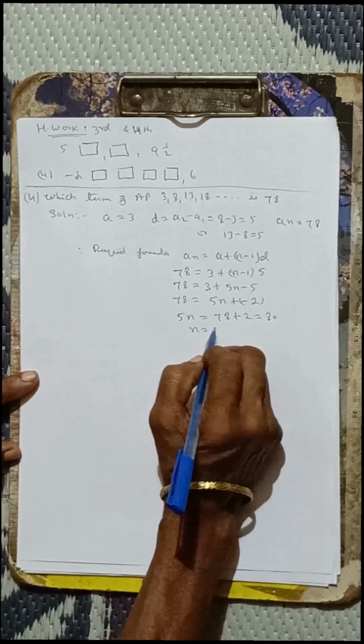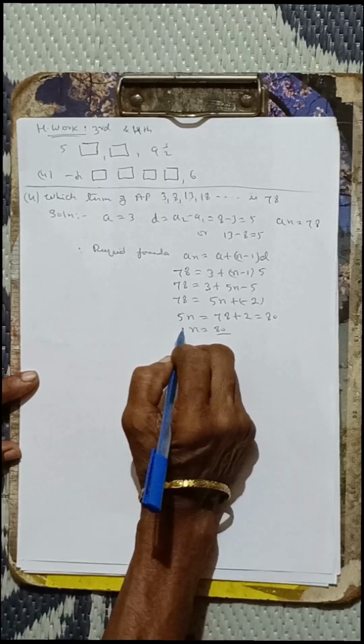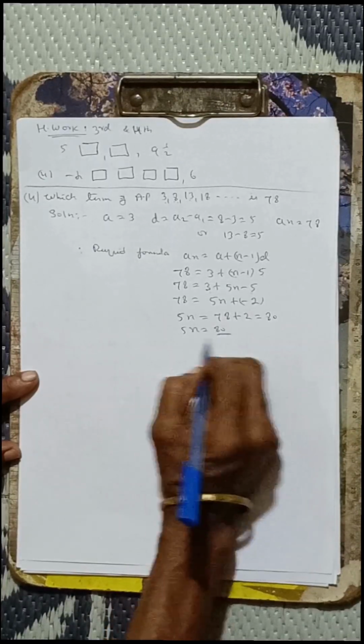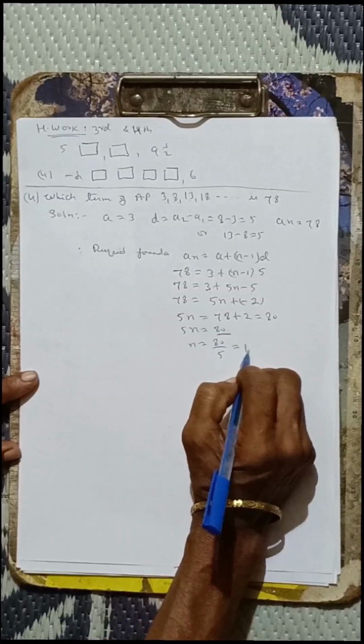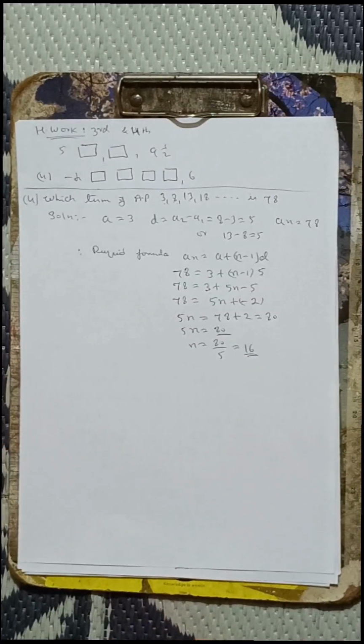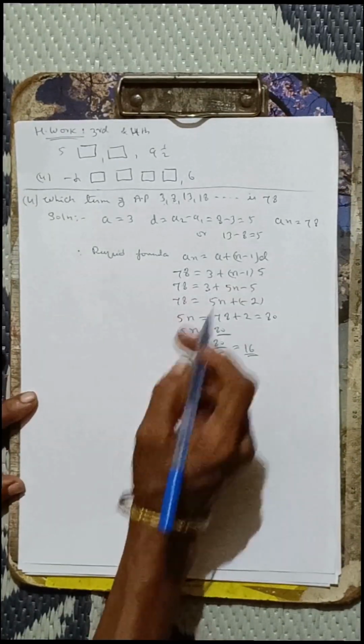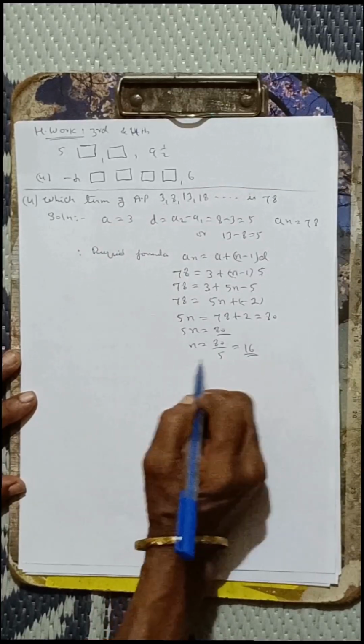N equal to 80 divided by 5. 80 divided by 5 is 16. So the 16th term is 78.